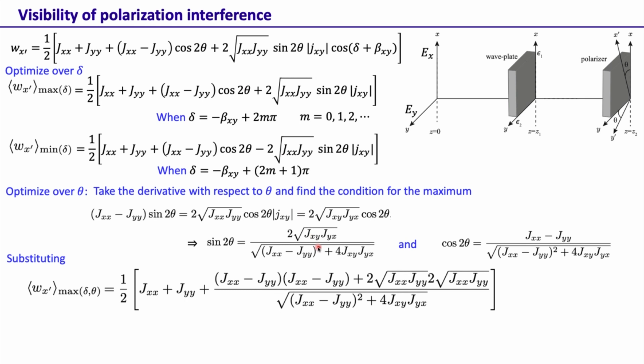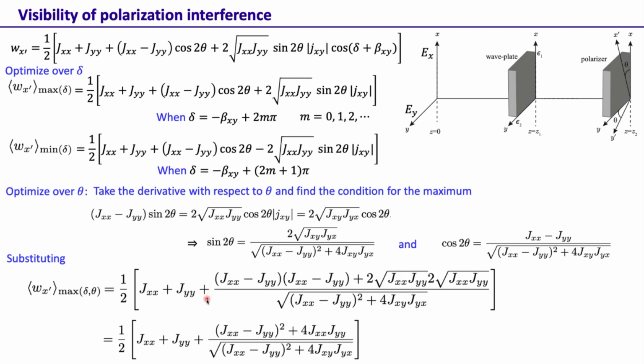This we simply can get by just substituting in here for cosine 2 theta and sine 2 theta. Okay, so this we can simplify a little bit, and then this will have this expression. I definitely encourage all of you to do the math and check that you do get this expression. It can be simplified further, and this will then become this.